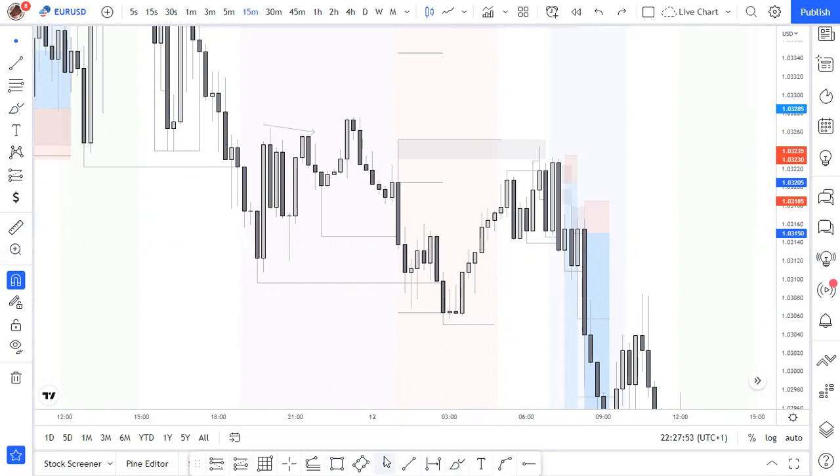Understand how the supply and demand zones are interacting with each other. For me, these are the most important aspects of trading, not in general, but based on my approach. So market structure, supply and demand before any other thing.